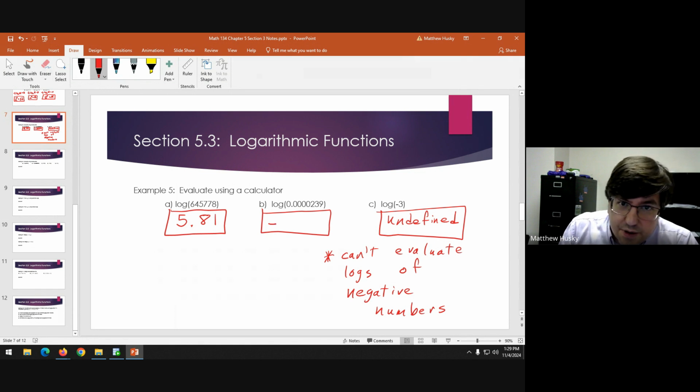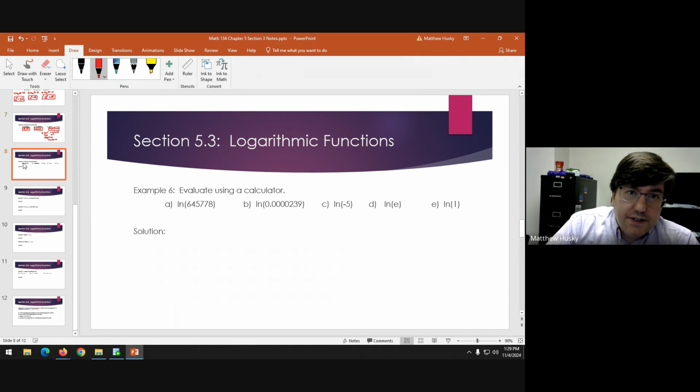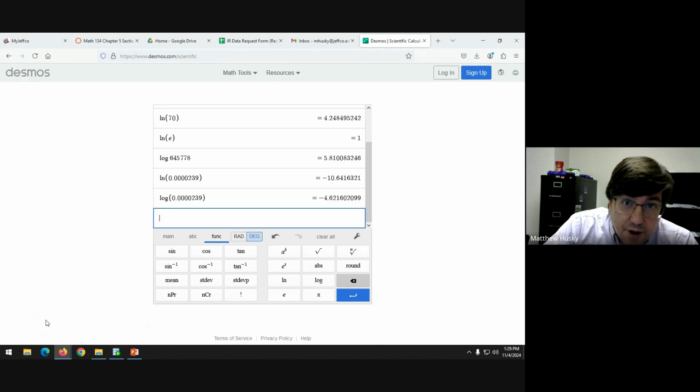There's another one where we do natural logs. Negative 4.62. There's that one. Let's see. This one we're doing ln. So that one we actually worked out. The second one, what is that? That was negative 10.64.